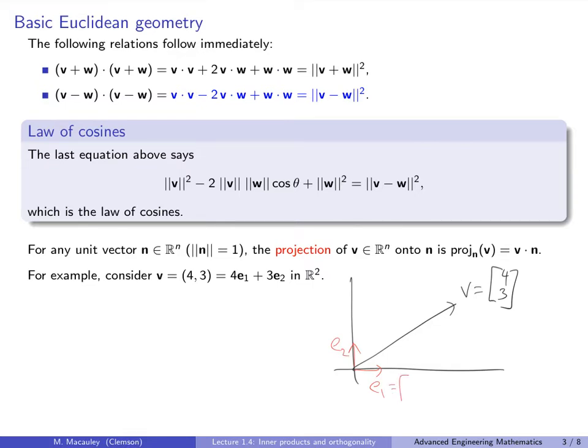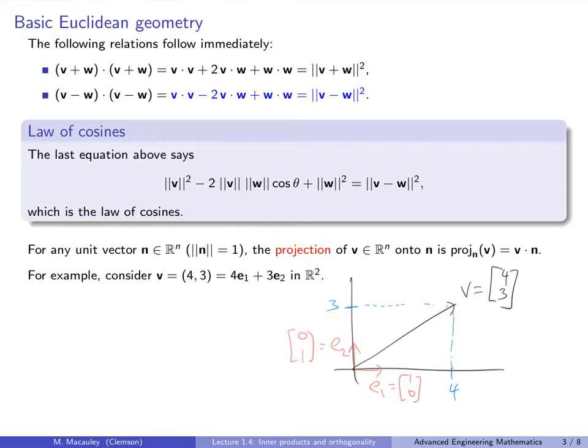So e1, of course, is (1, 0), and e2 is (0, 1). Now it should be clear geometrically that if you project v onto e1, you get 4. So that's the length of v in the e1 direction. That's how you should think of a projection. And if you project v onto e2, you get 3. So that's the length of v in the e2 direction.